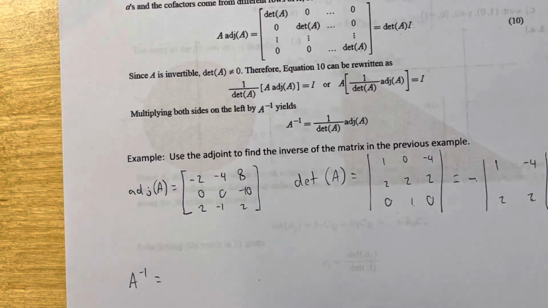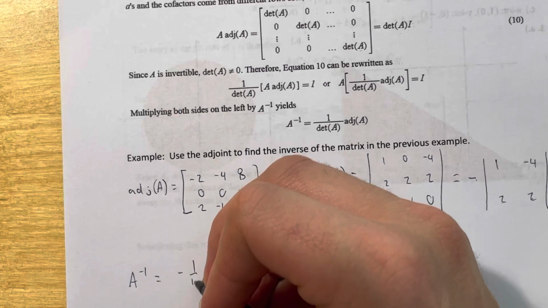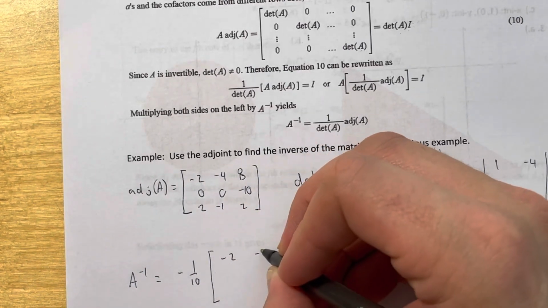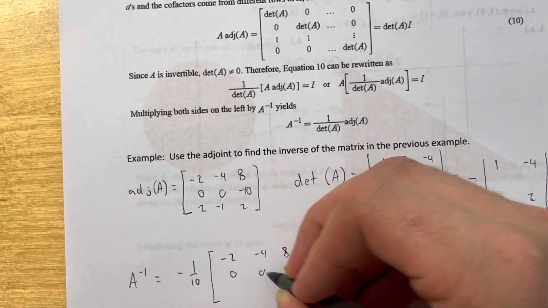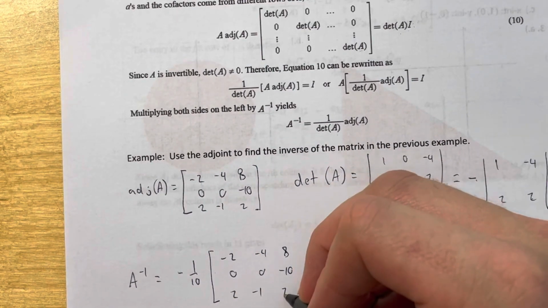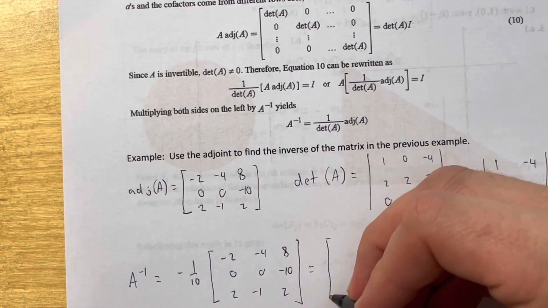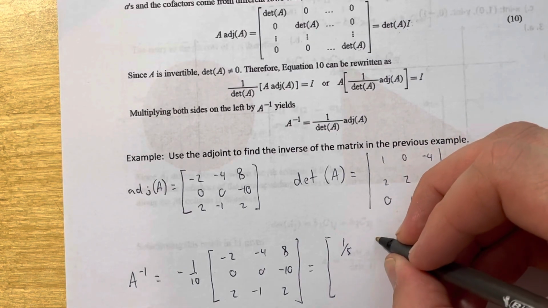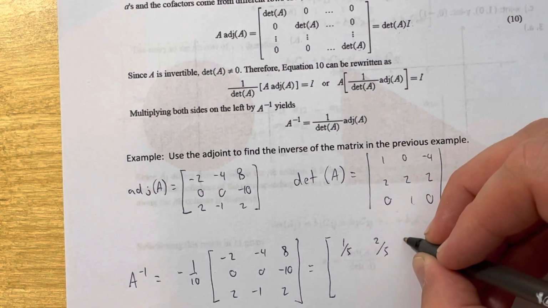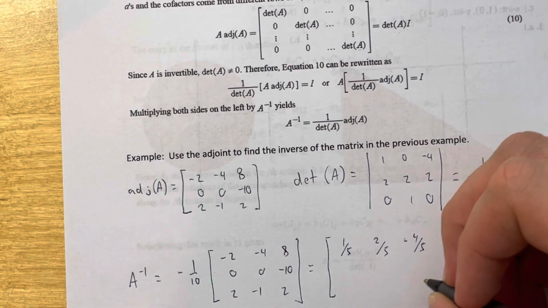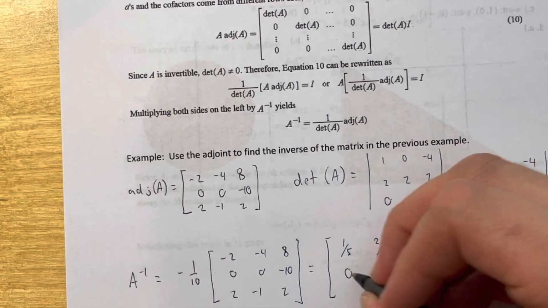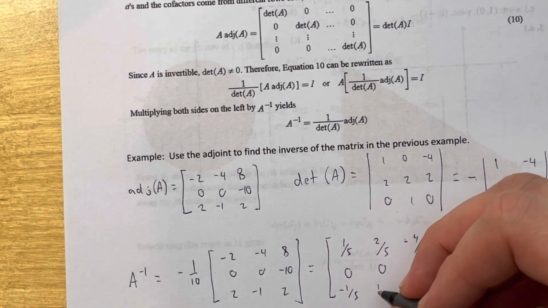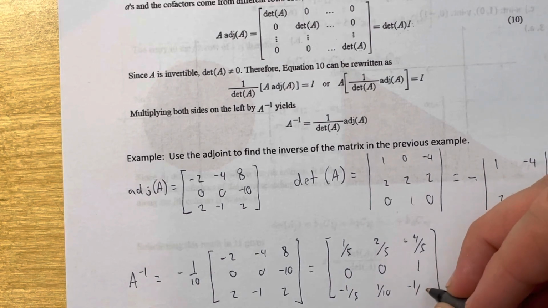to 1 over my determinant, so -1/10, times the adjoint, which is this: -2, -4, 8, 0, 0, -10, 2, -1, 2, giving me 1/5, 2/5, -4/5, 0, 0, 1, -1/5, 1/10, -1/5.